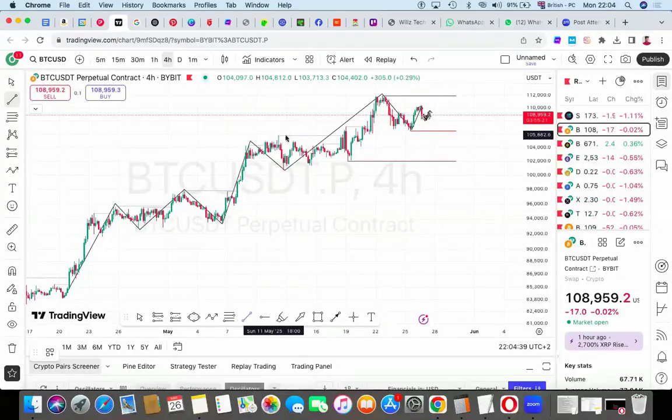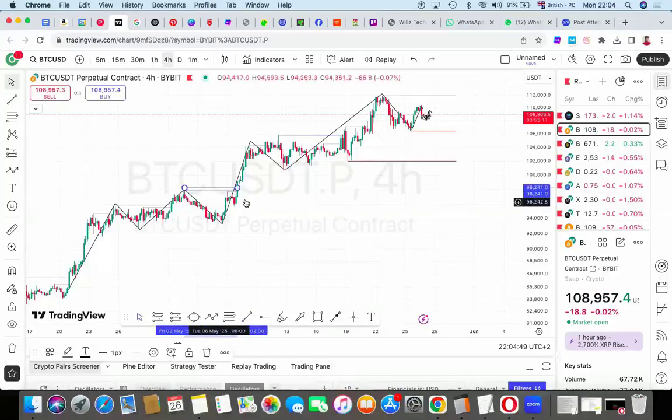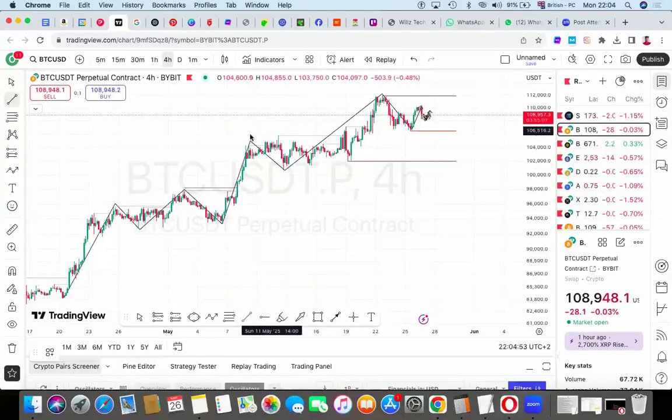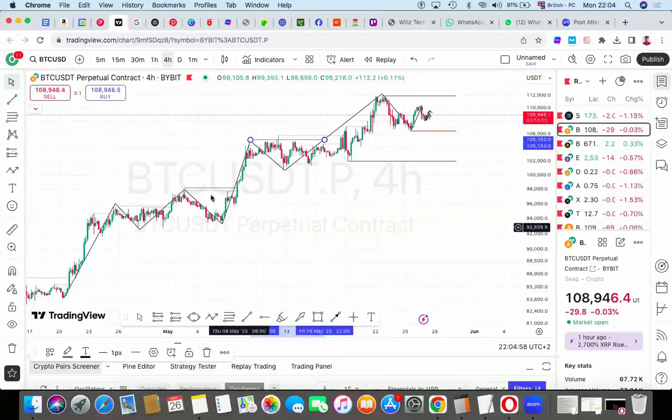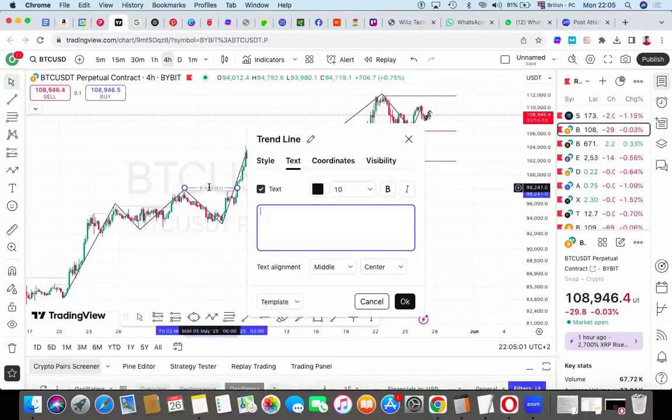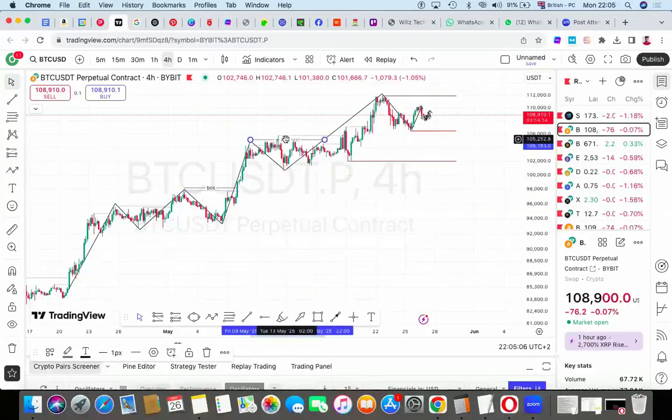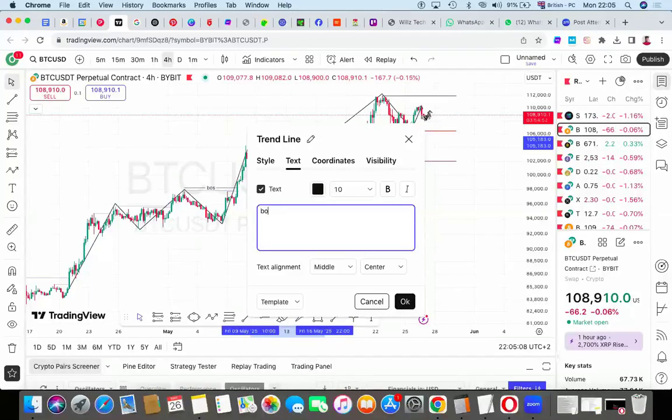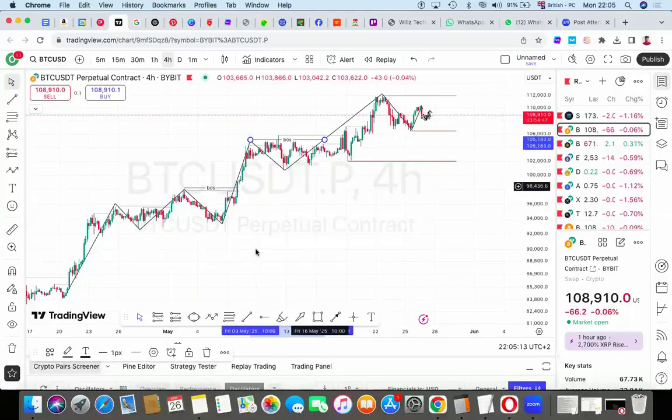You can see the market continue to break structures to the upside, but just to make it very visible, I'll get it out. So we have the market clearly breaking structures to the upside, and we can call this your BOS. We can call this the BOS as well, break of structure to the upside, and it's an uptrend.